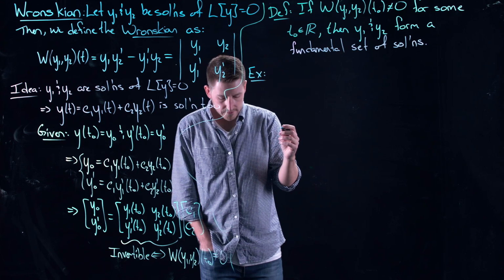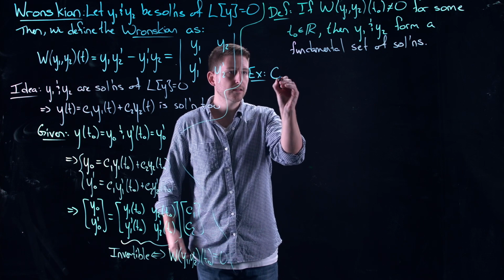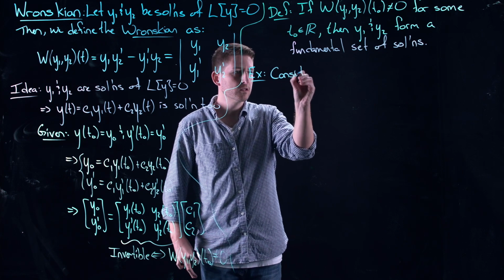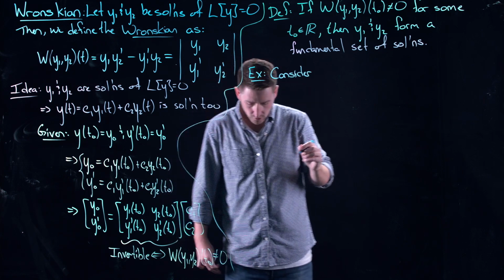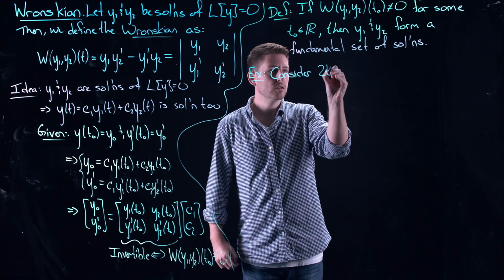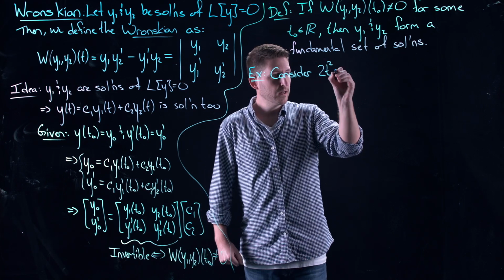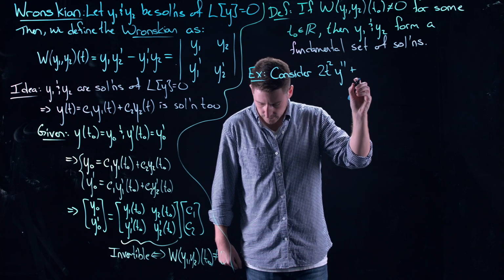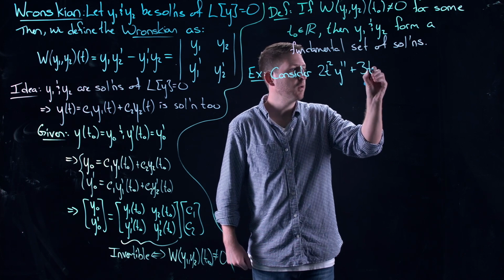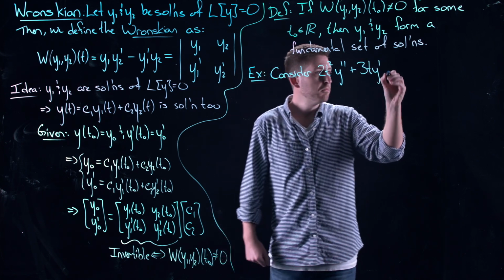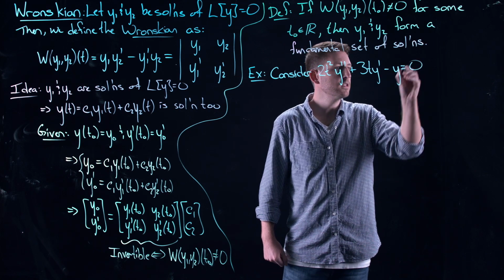Okay. So let's consider, here's my differential equation. It's going to be 2t squared y double prime plus 3t y prime minus y is equal to 0.